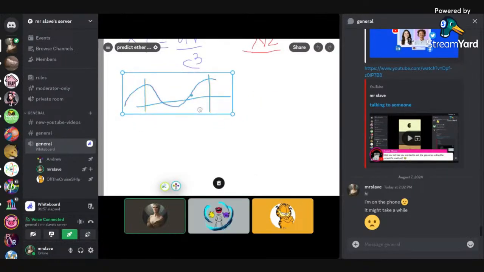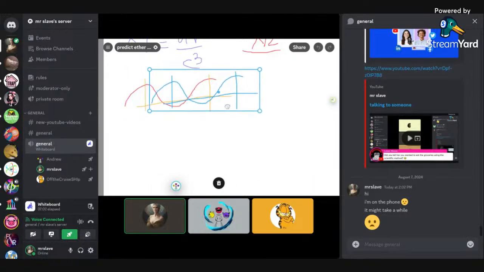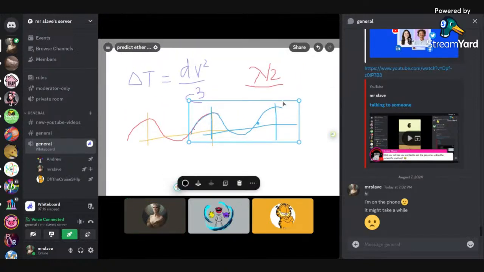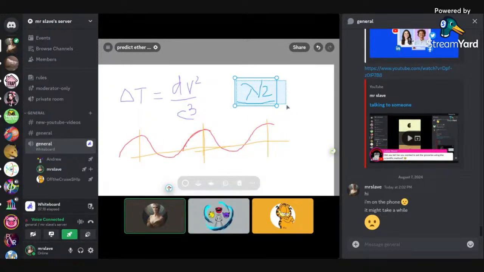This is complete constructive interference, half of a wavelength is complete destructive, and this is complete constructive. We don't care about half a wavelength. So this is incorrect.